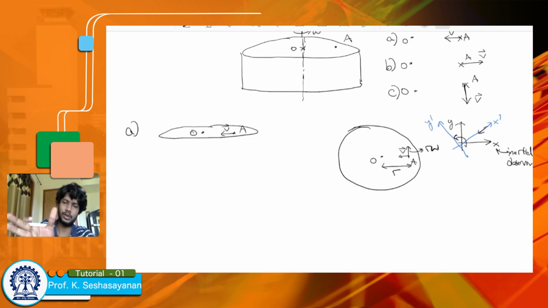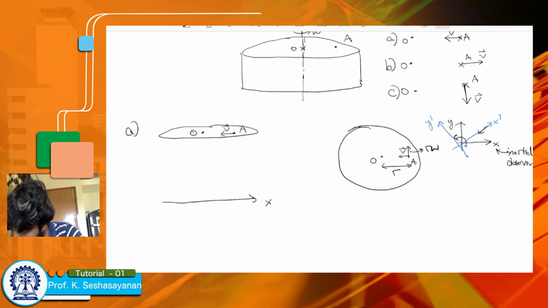So it compensates for the rotation of the ant. Whereas for an inertial observer, the fact that the ant is rotating is clearly seen because the ant will have a tangential velocity in the inertial frame. I will draw the axes for the inertial observer, which are again x and y. At any given instant, the inertial observer would see that the ant has a velocity directly pointing towards the center, O, but it also has a velocity in the tangential direction.